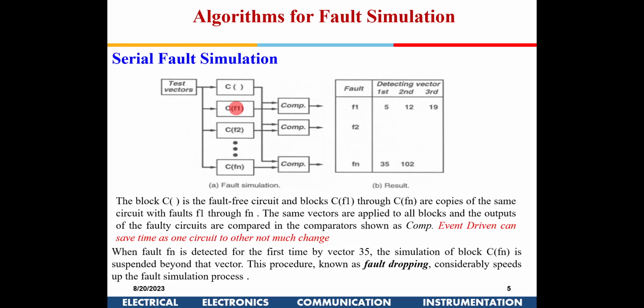This is one circuit, and again this is the same circuit, modified to introduce one fault here. Say at any particular input point I want to make it stuck at 0. Can I modify the code so that it has that fault embedded into it?